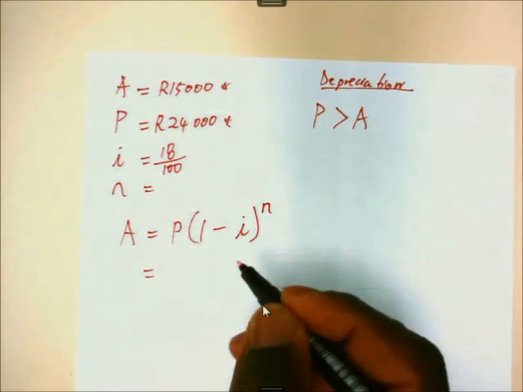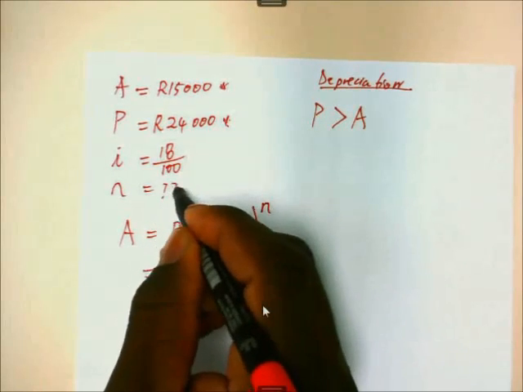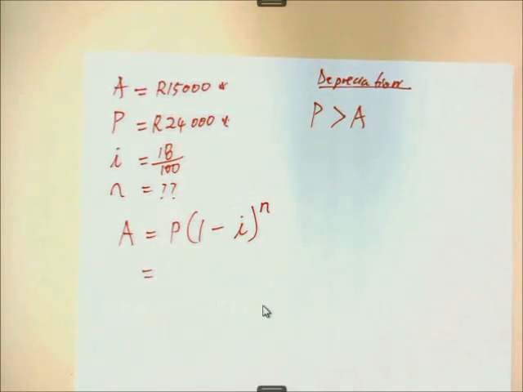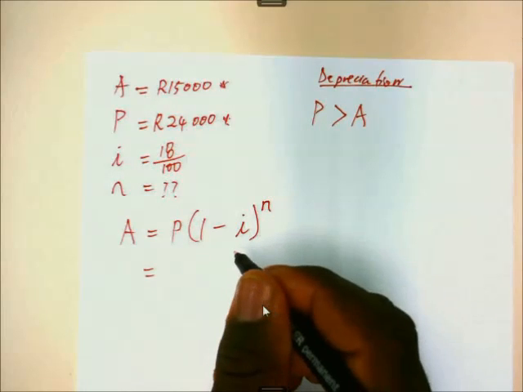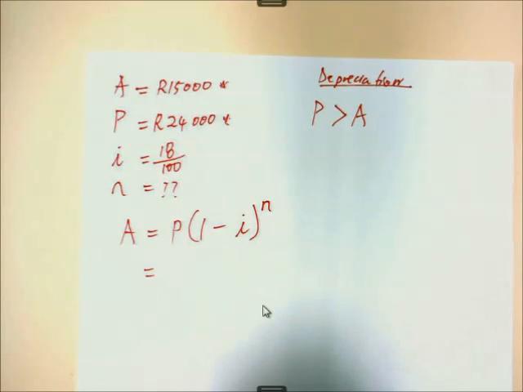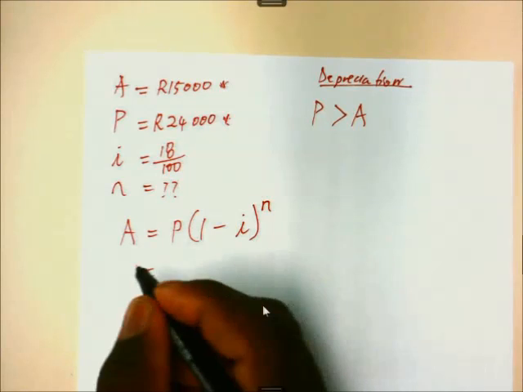Right. Now we are looking for our N. Let's try to calculate our N there and see what we've got. As you can see, for our N we are going to apply the logs. So what is your A?